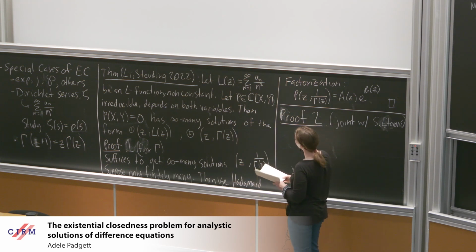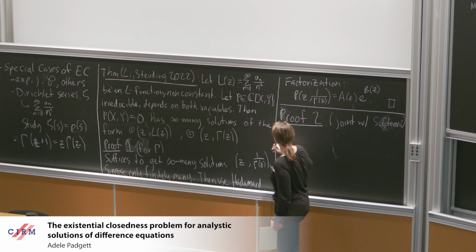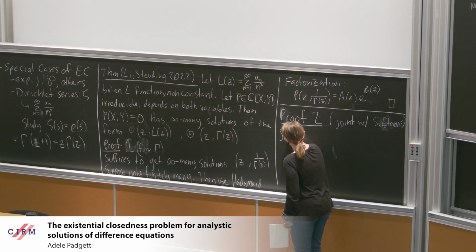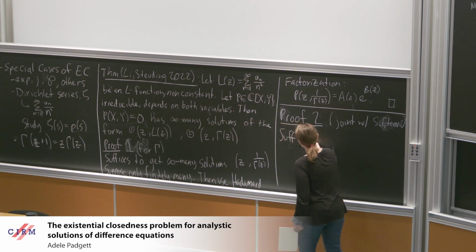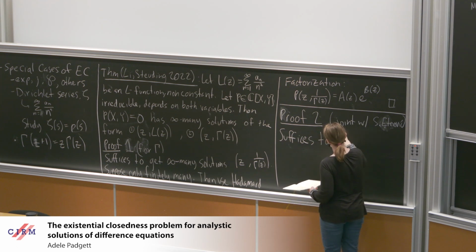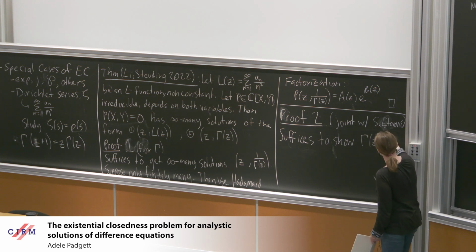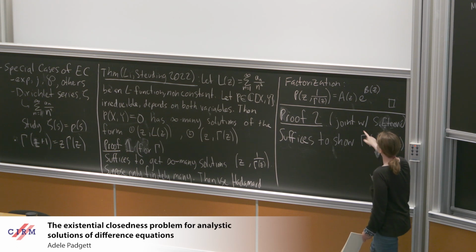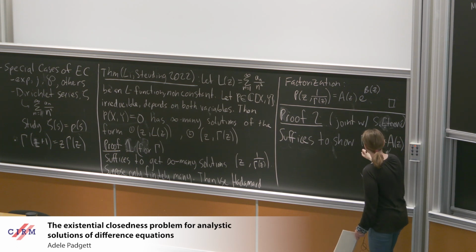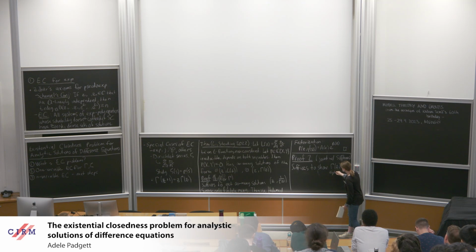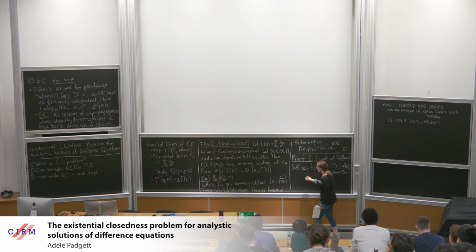Okay. So I'm proving the same theorem. And first observe that it suffices to show gamma of z equals an algebraic function. So, maybe I didn't set this up. Here A was a polynomial. Here I mean it to be an algebraic function. So it suffices to show that things like this have infinitely many solutions.